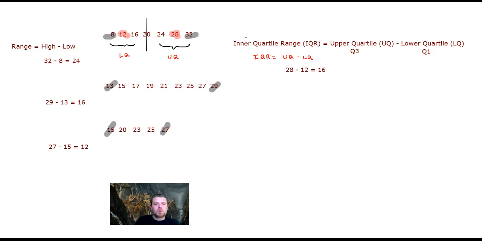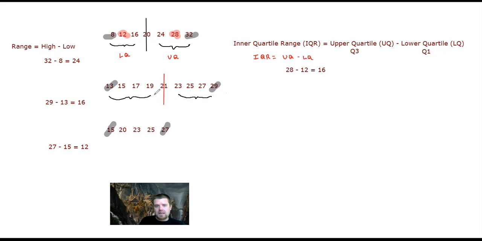Let's do another example, looking at the second set of data. Again, we want to divide this in half. So I would find my median, which ends up being 21 in this case. And now I need to find the middle of the lower half and the middle of the upper half. Now here we have an even set of points. 23 through 29 is 4 points, 13 and 19, that's 4 points.